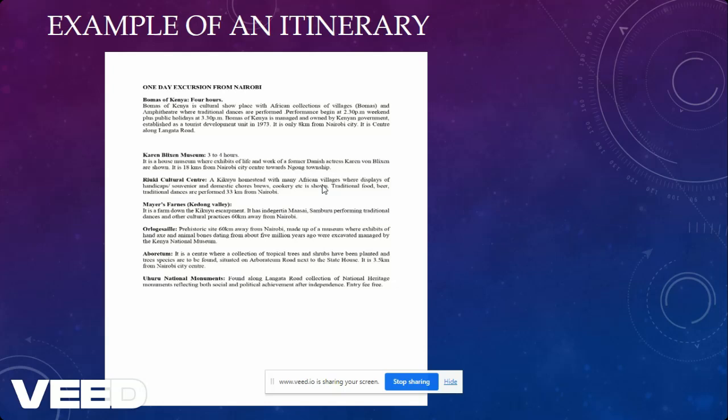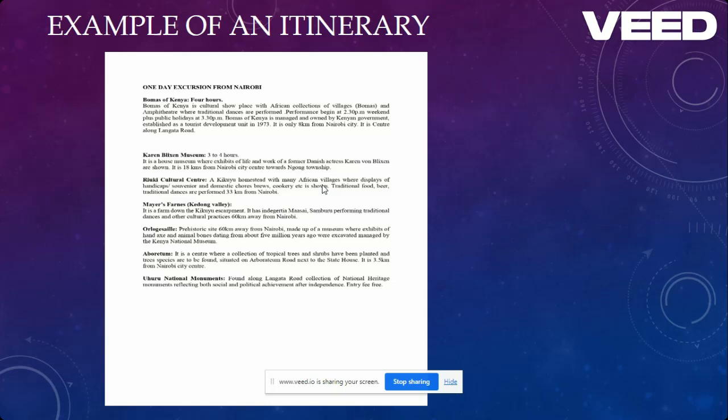We also have Arboretum, a place where you can go for nature walks, bird watching, consisting of tropical trees and tree species located on the Arboretum Road next to State House. It's 3.5 kilometers from the city center, so they can either walk or can take a vehicle.